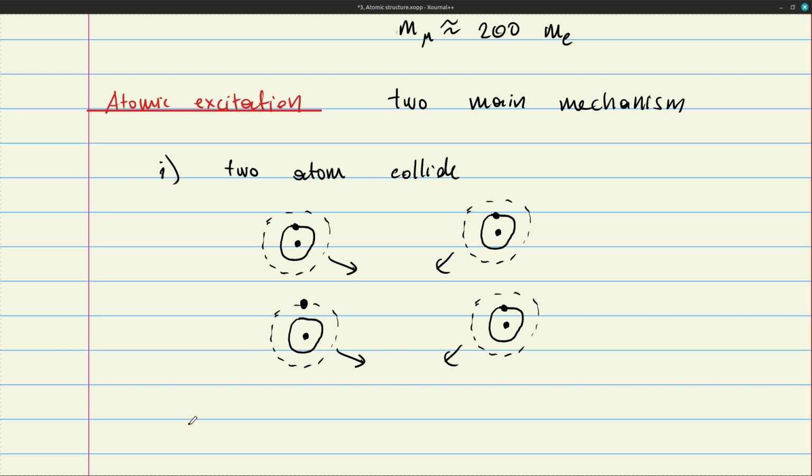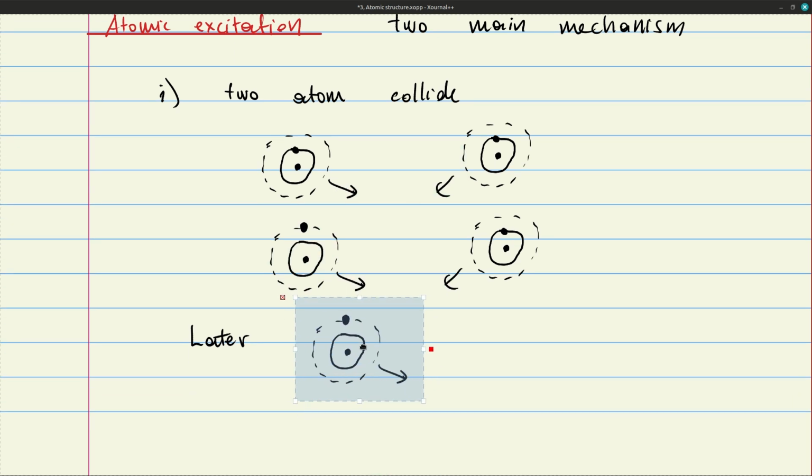But at a later time, this electron is not going to like being in that state, right? It wants to lower its energy by going here. And if it does that, it's going to give you electromagnetic radiation. This is a photon.